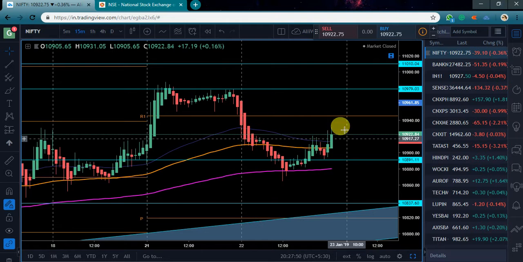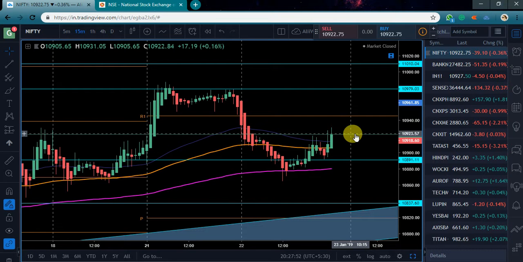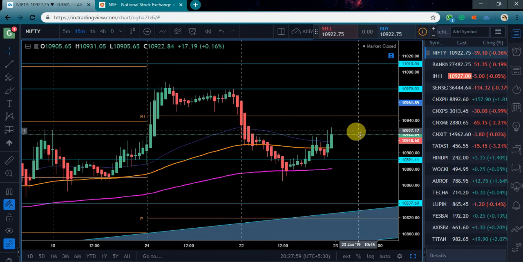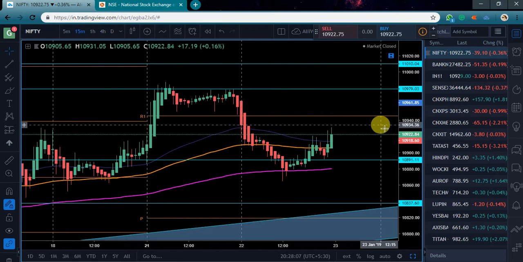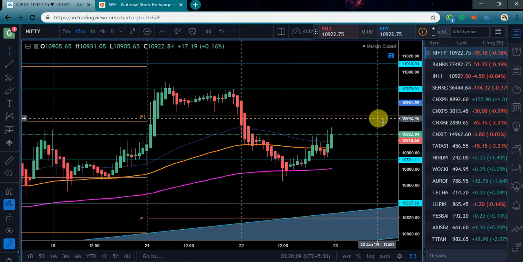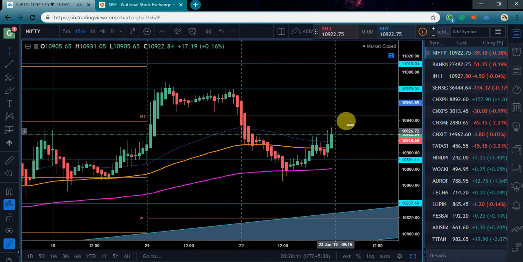They are trying to push a little bit, but let's see how the overnight news goes. If there is any news, then tomorrow morning I can expect it will fly a little bit, and then it will try to consolidate here itself, around 10,940 areas. So that's it for this one.